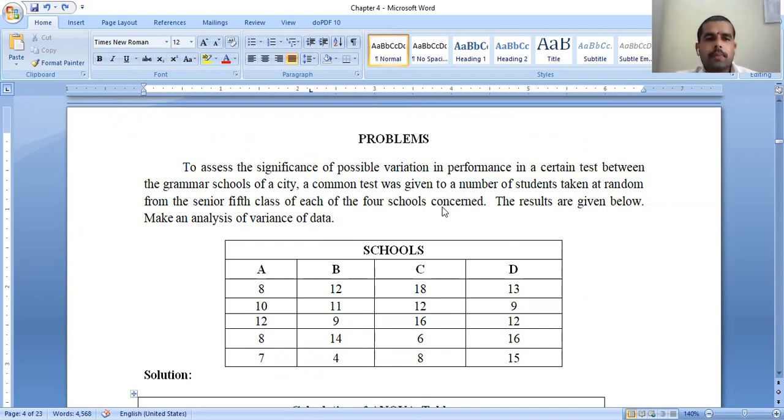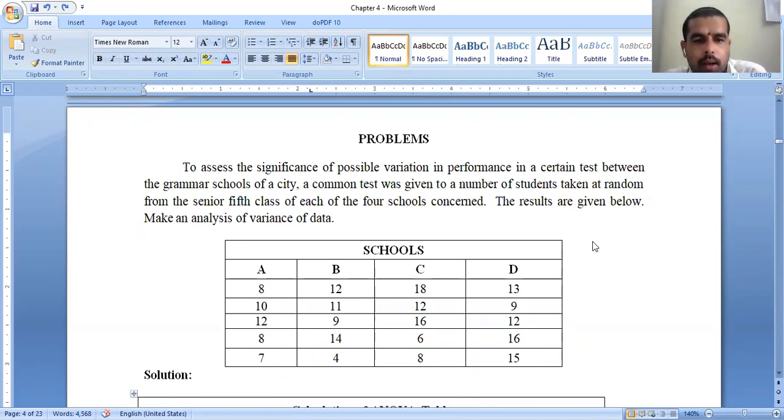So in the given question, they have taken grammar school senior 5th class students, randomly picked from school A, school B, school C, school D. Observe carefully: there are four schools A, B, C, D. The values randomly picked are: A: 8, 10, 12, 8, 7.